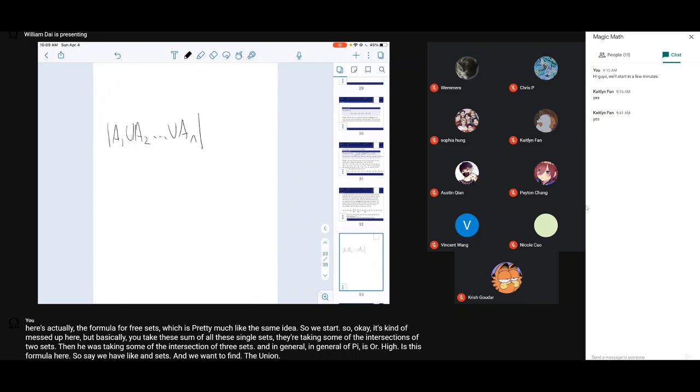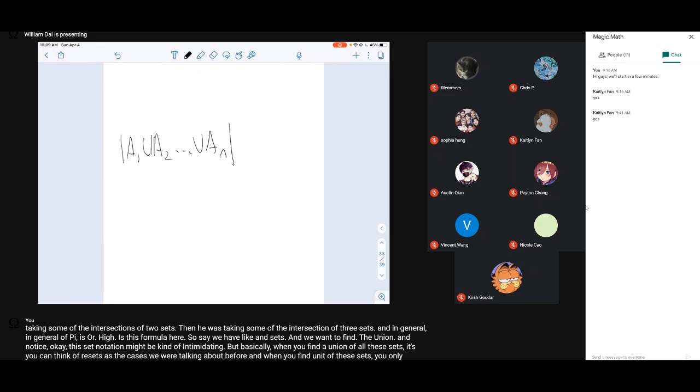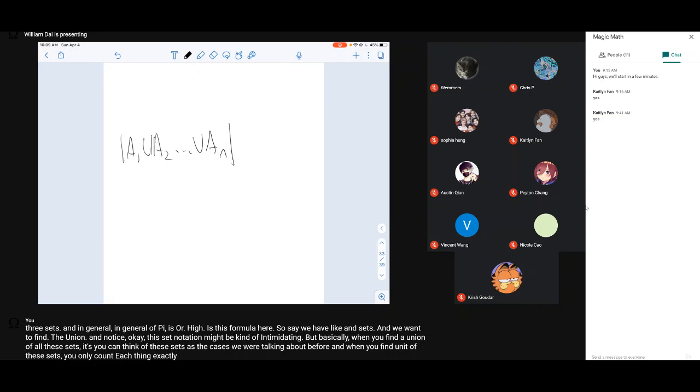And notice, this set notation might be kind of intimidating, but basically you can think of these sets as the cases we were talking about before, and when you find the union of these sets, you only count each thing exactly once, which is what we want, in order to prevent any overcounting.